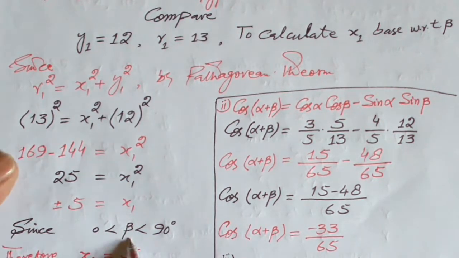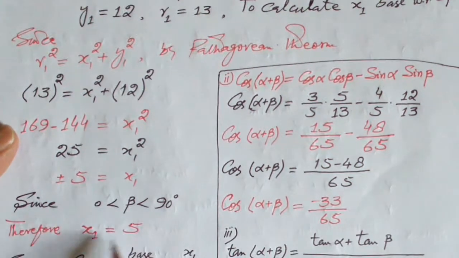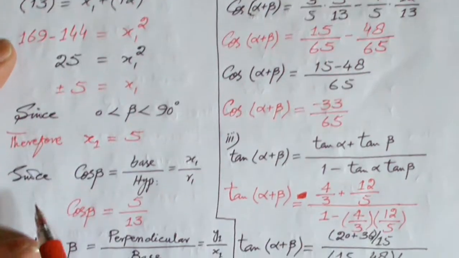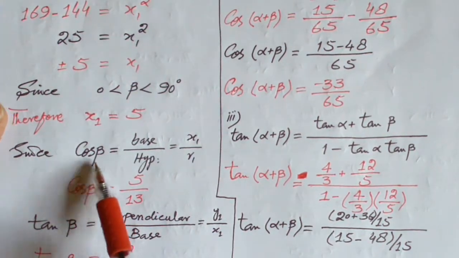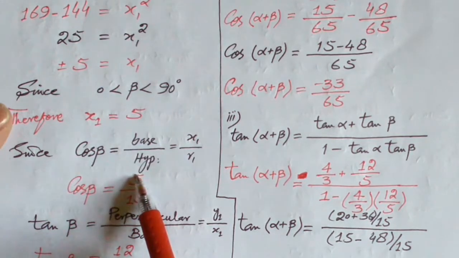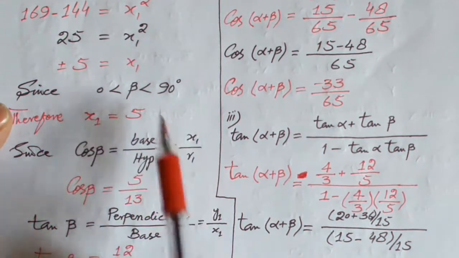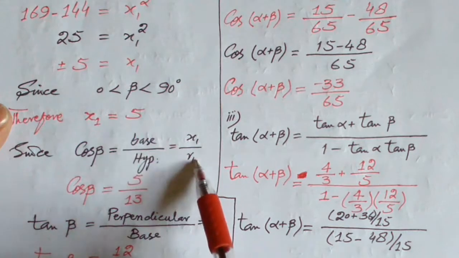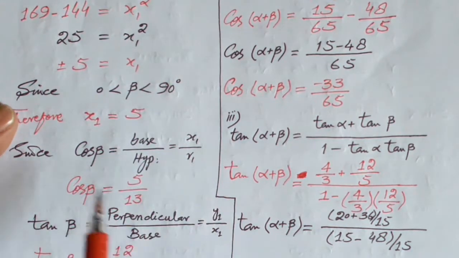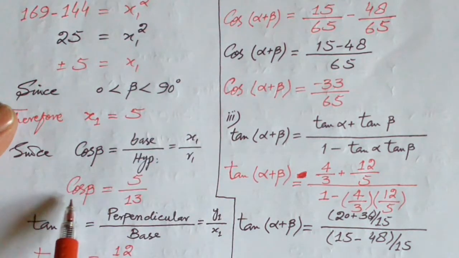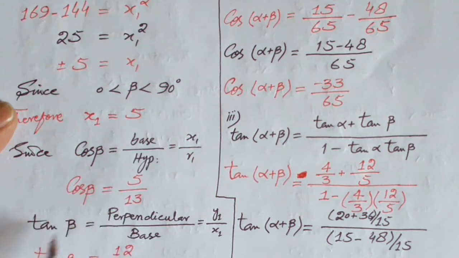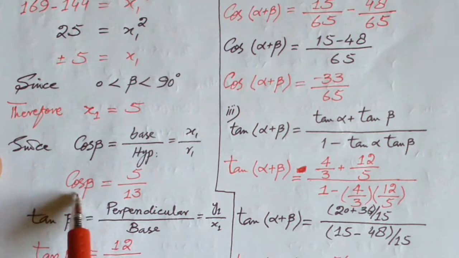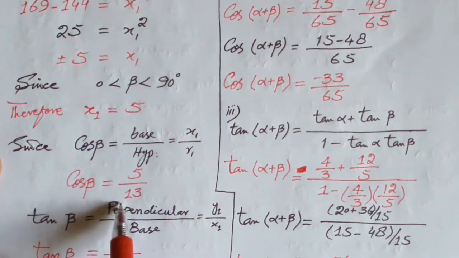Since beta is in first quadrant, therefore x1 is equal to plus 5. Now with respect to beta, cos of beta is equal to base divided by hypotenuse. With respect to beta, x1 is the base and r1 is the hypotenuse. Substitute the value of x1 and r1. We have cos of beta is equal to 5 divided by 13.